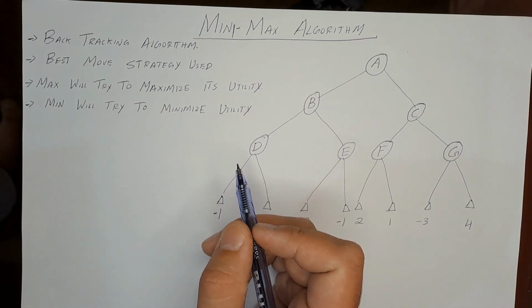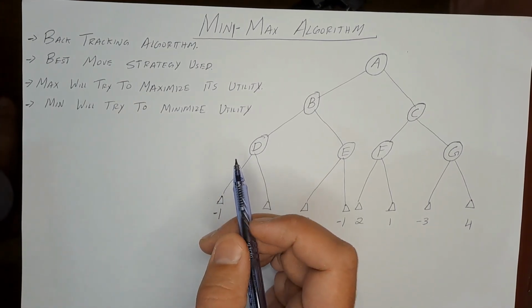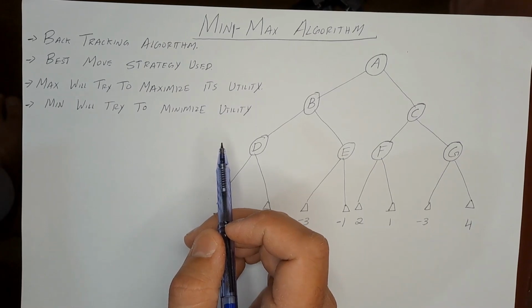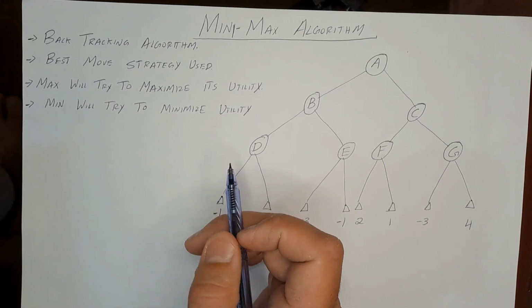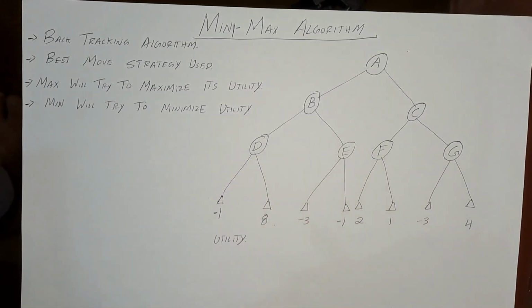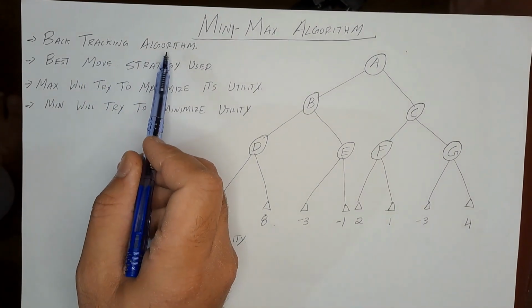Now, how does this algorithm actually work? There are a few points that we need to understand first before going to details about this algorithm. First of all, this is a backtracking algorithm.